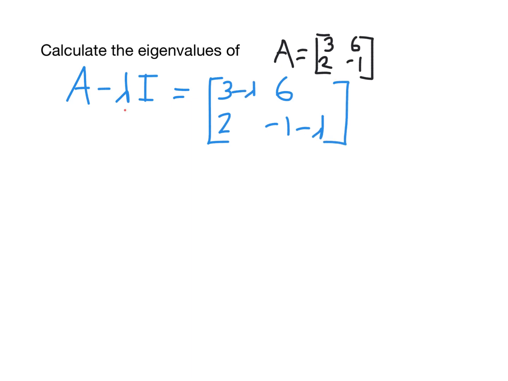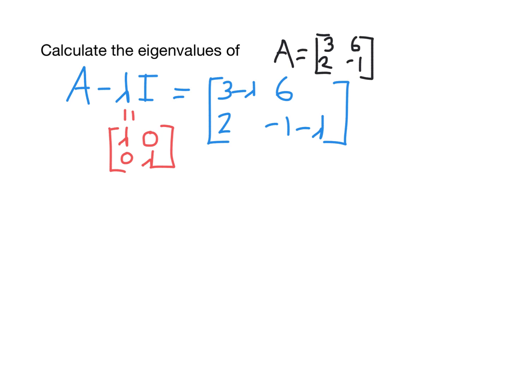Because lambda times the matrix I, because lambda is just a scalar, is just this matrix here. So subtracting this matrix from A, we just subtract lambda from each of the elements on the leading diagonal.